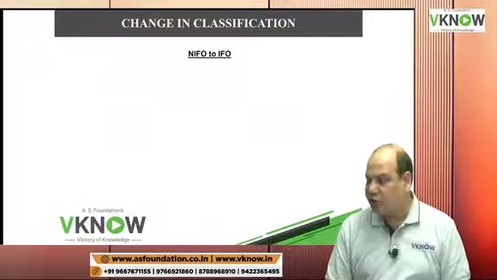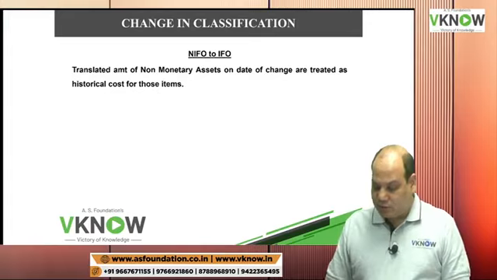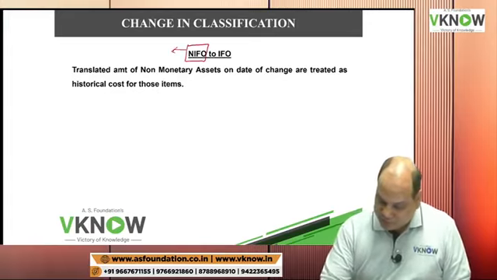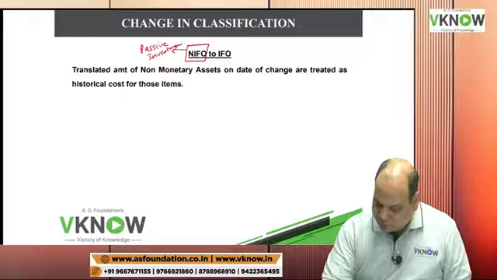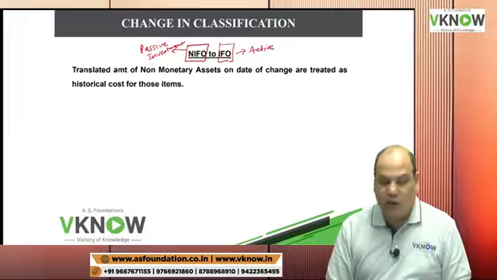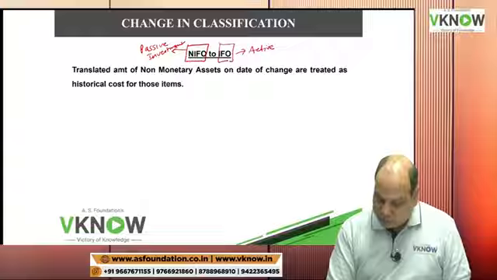Second possibility is also there. Non-integral means passive investment, not management of day-to-day work, which is called non-passive investment. They may decide to reclassify it to an integral foreign operation. So what will be the accounting adjustment?